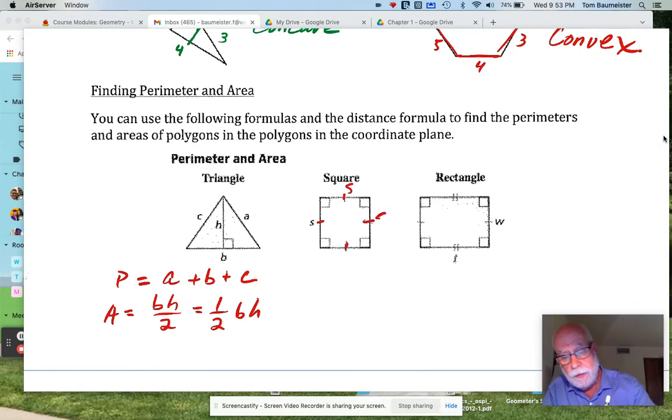That would be S and S and S. The perimeter would be S plus S plus S plus S, which would just be 4S. And the area would be S times S, or sometimes you'll see it as X raised to the second power.